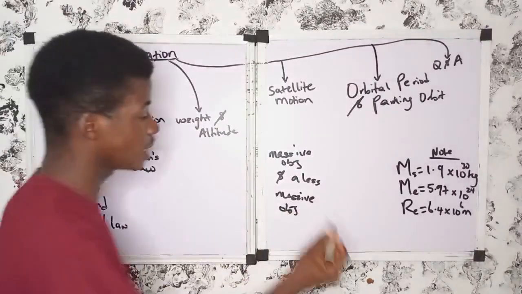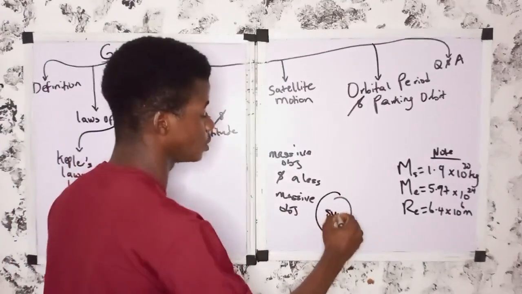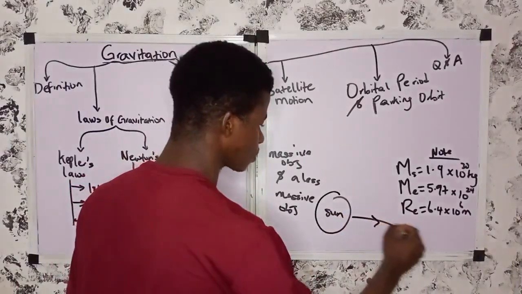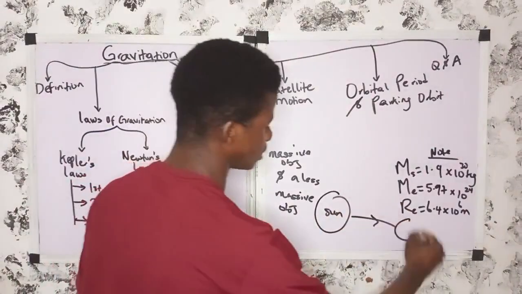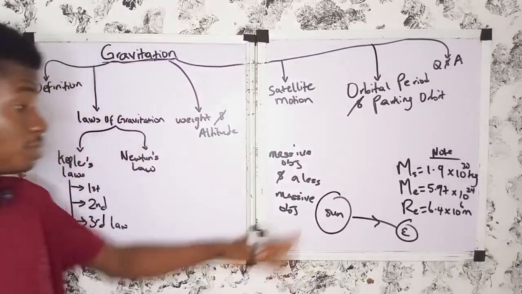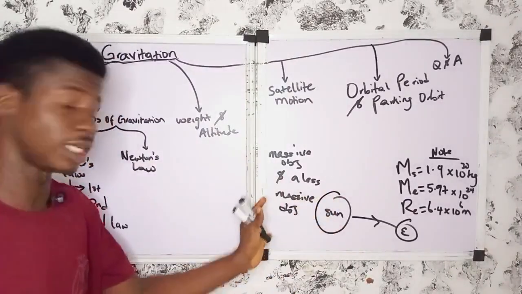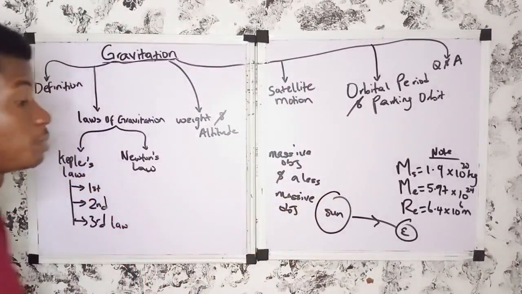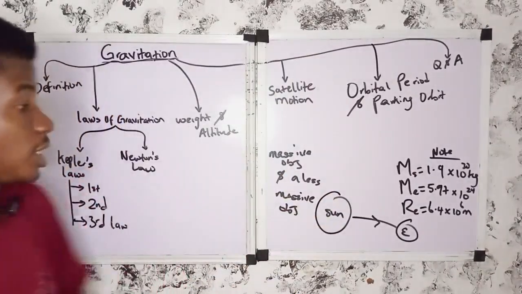For example, the sun and the earth. That force of attraction between a massive object and a less massive object is known as gravitation.